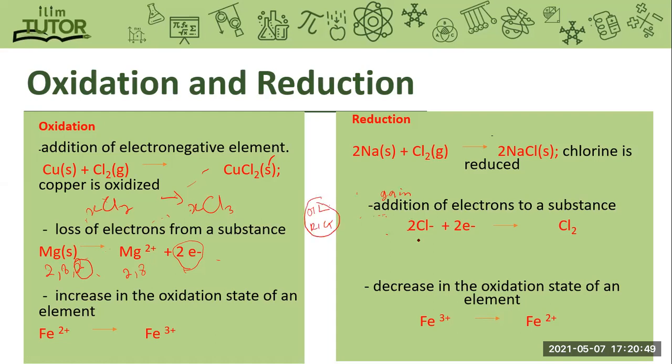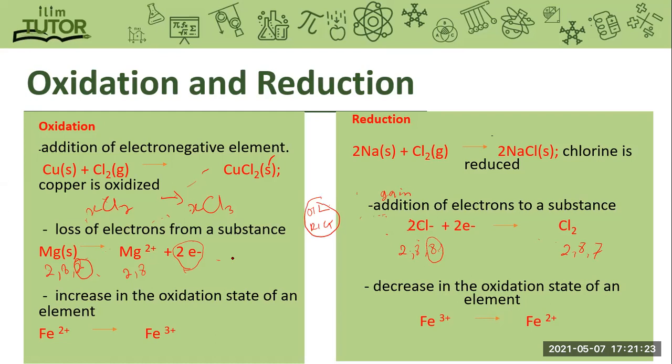So if I take a look at this, I know that chlorine here is 2,8,8, because it has gained 1, while chlorine here is 2,8,7. So this chlorine has gained 1 electron to become 8. That addition of electron is basically reduction.